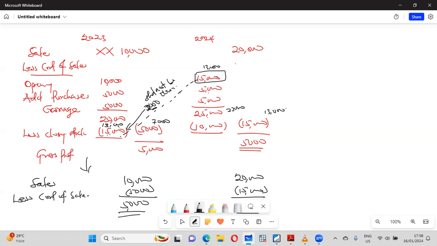So if this side should have been 13,000, and this side becomes 7,000, then our profit here should be what? 3,000. So it means that there is a 2,000 effect we need to change. And we can't do that to this financial year again.